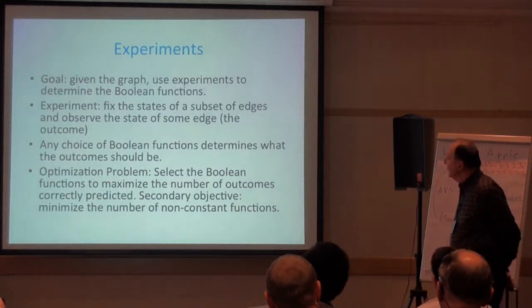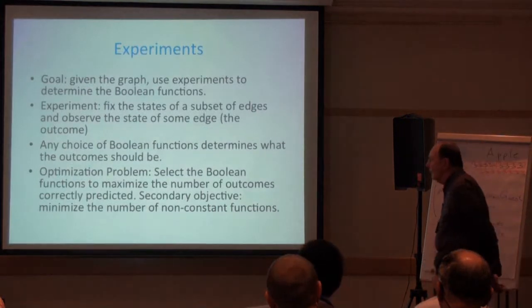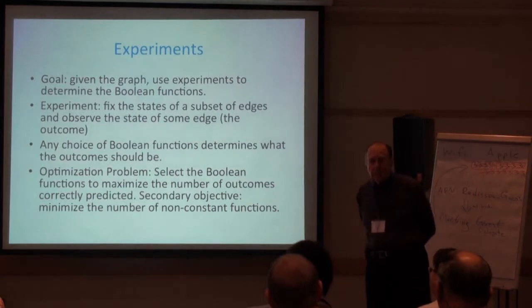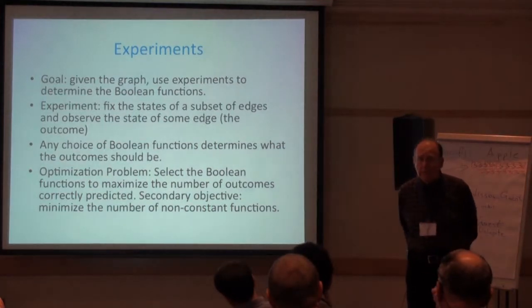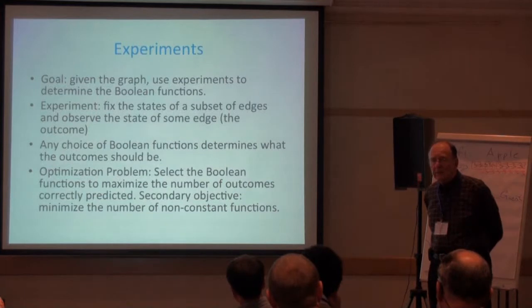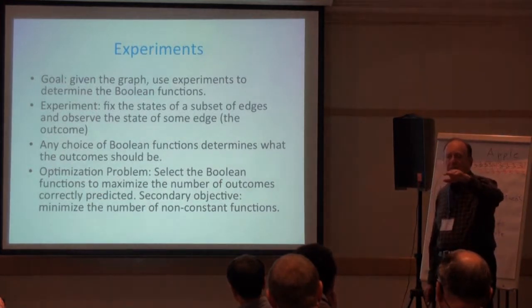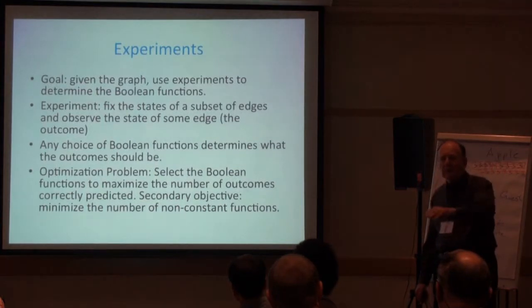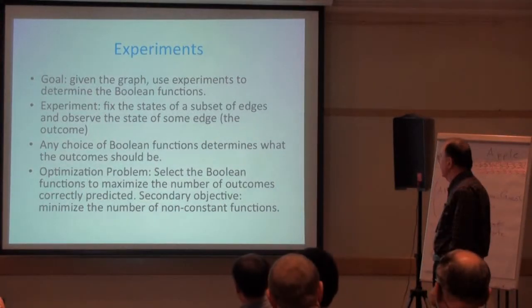Okay, so you're given the graph, you're not given the Boolean functions, but you are given the results of these experiments, each of which interferes with and fixes the states of certain signals in the network and observes the effect on one particular edge.